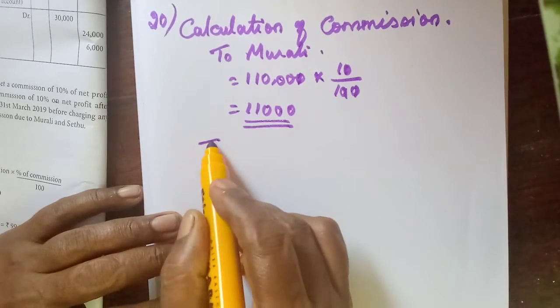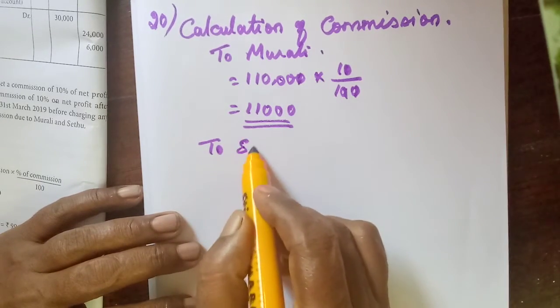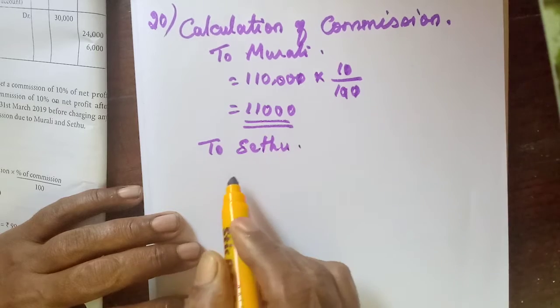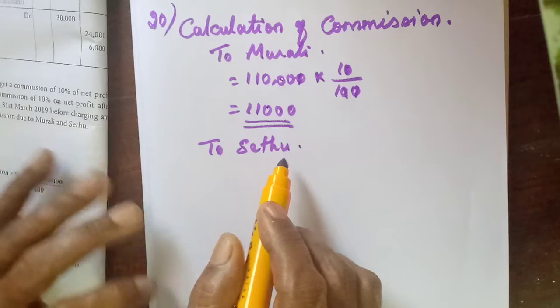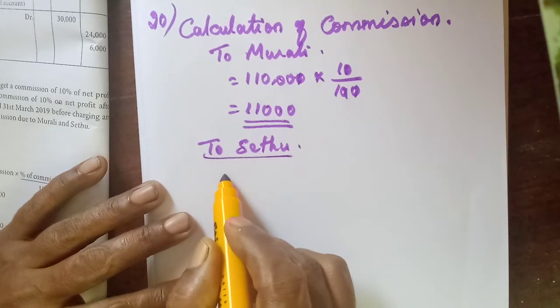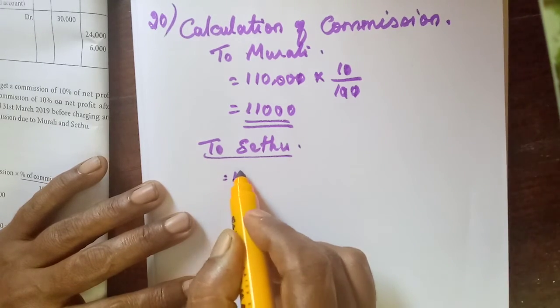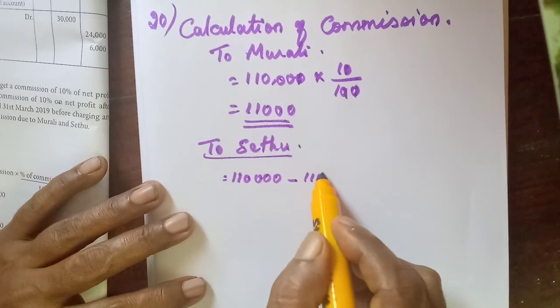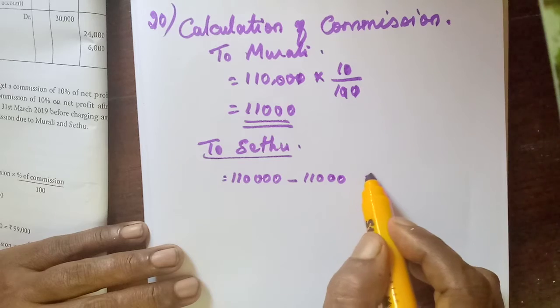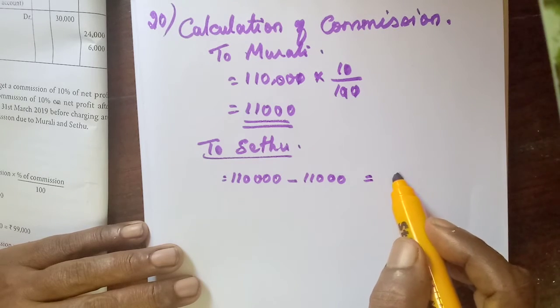Next to Sethu. For Sethu, they have given after charging all commission. For Sethu, first we need to calculate. Here 1,10,000 is the net profit minus 11,000. We will get 99,000.